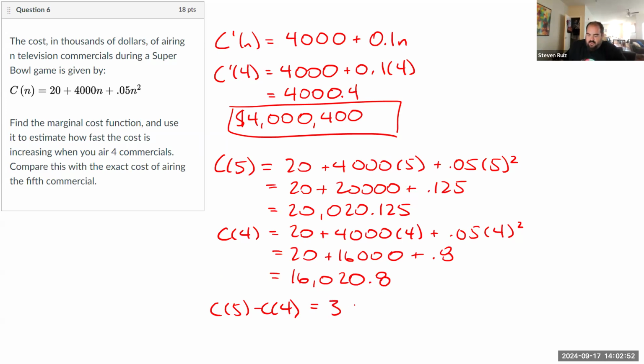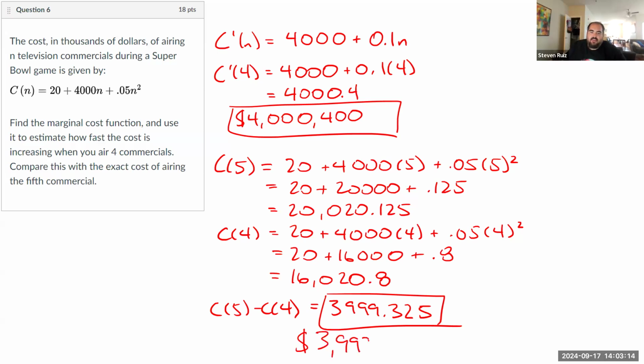So I get 3,999.325, and I'll even give it to you as accurately as it gives to me. But remember, this gives it to me in thousands of dollars. So the exact cost of running that fifth commercial is going to be $3,999,325.